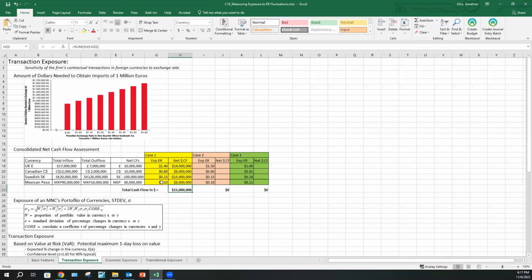So using the exchange rates for the first case, our company's total net cash flow is $15 million.